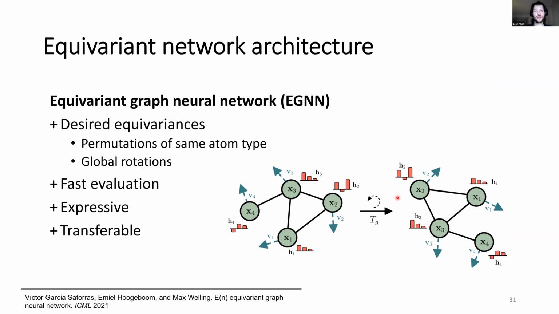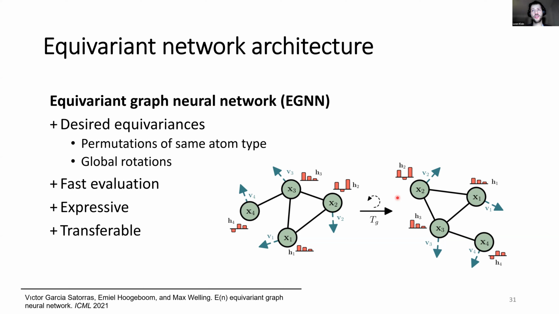But crucially, it's also quite fast to evaluate, which is important because during inference for these continuous normalizing flows, we need to evaluate the vector field quite often. And in our experiments, these equivariant graph neural networks were expressive enough. And of course, because they're graph neural networks, they are transferable.